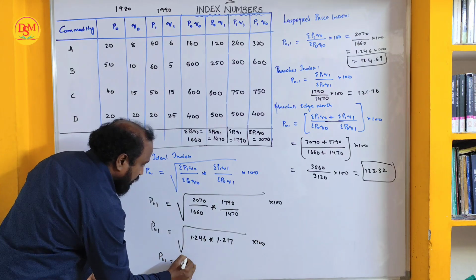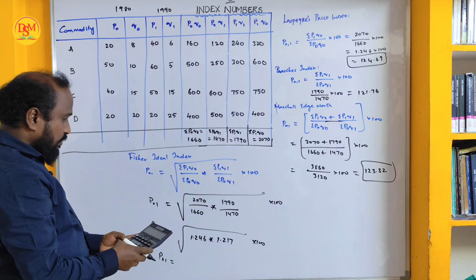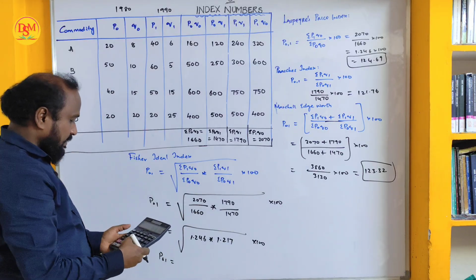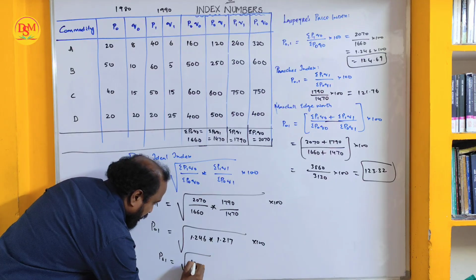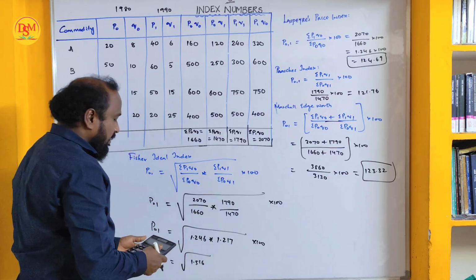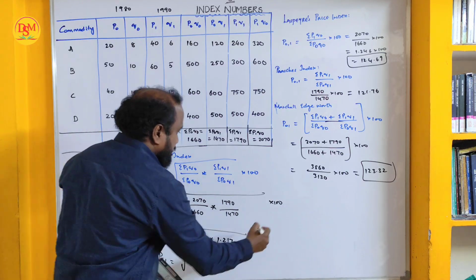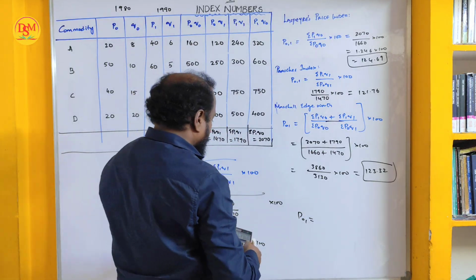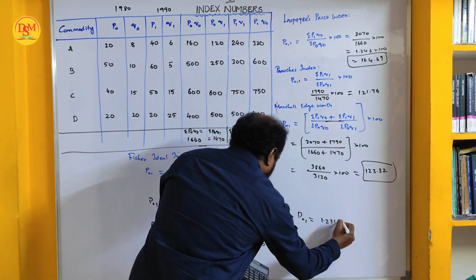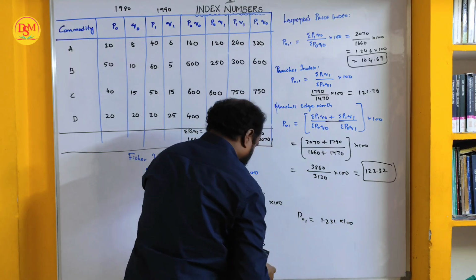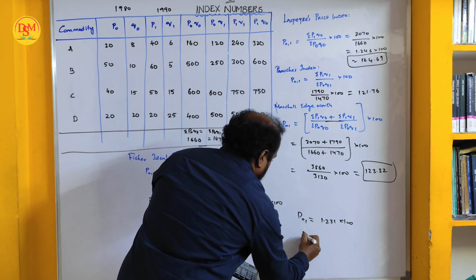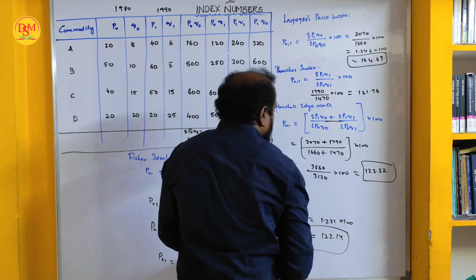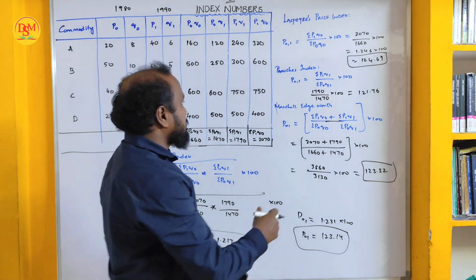P01 is equal to root of 1.246 into 1.217, that is 1.516. Now calculate the root of 1.516, you will get 1.231, into 100. Fisher's ideal is 123.14.